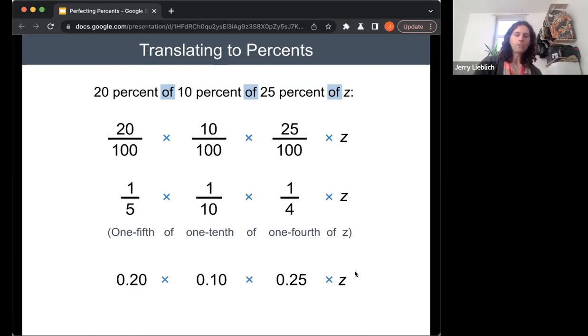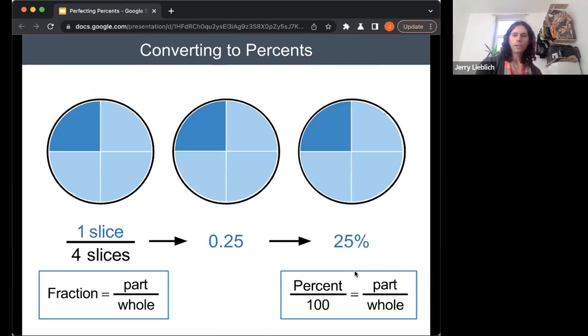With that, there's one more important translation piece I want to give you, which is something I mentioned before. Our formula for percent: percent over 100 equals the part over the whole. Now, we also see a fraction is equal to a part over a whole. And this is the way these two relate to each other. We can always convert between these things.